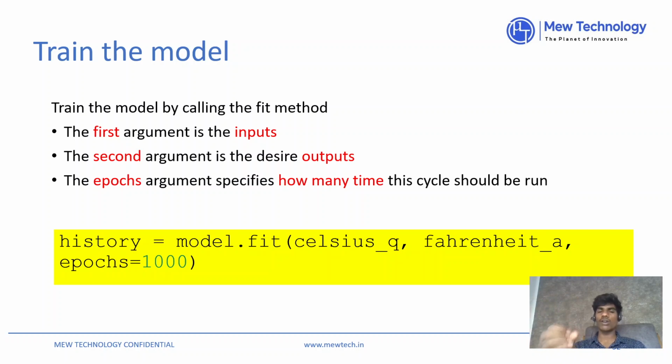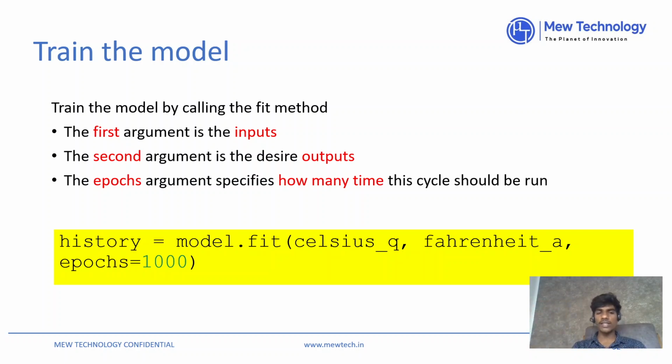The loss function calculates how the model is working, comparing the predicted value with the actual value. It finds the error loss, and after that the optimizer reduces the loss. This is what happens before.